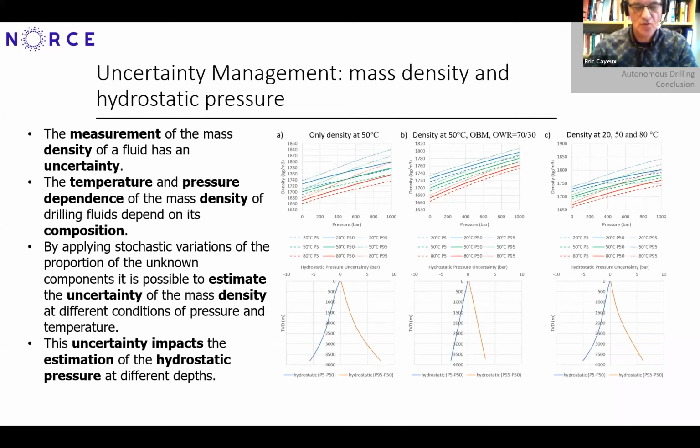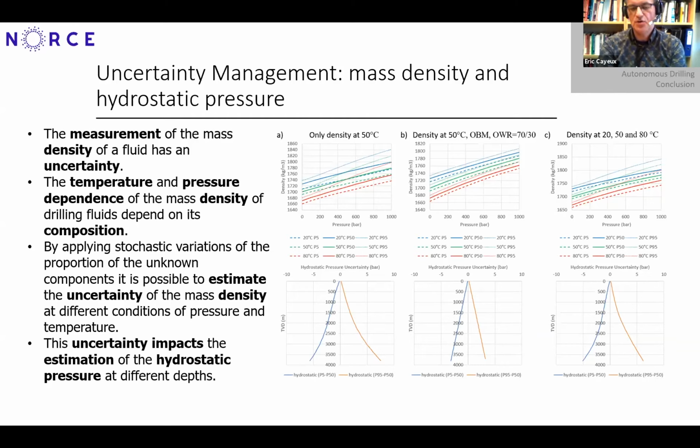So you have uncertainty of the model, and that's accounted for, but you also have uncertainty of the inputs. A usual piece of information that you get from the rig side is, for example, the mud weight, which is measured at one temperature, let's say at 50 degrees Celsius, and atmospheric pressure.